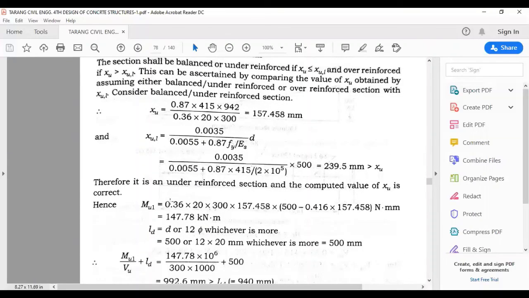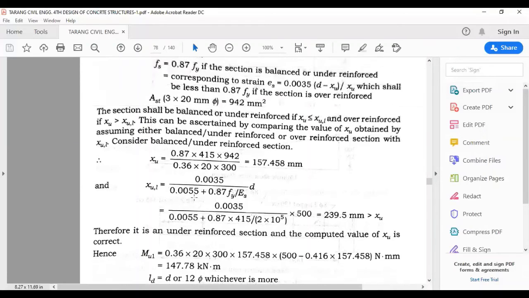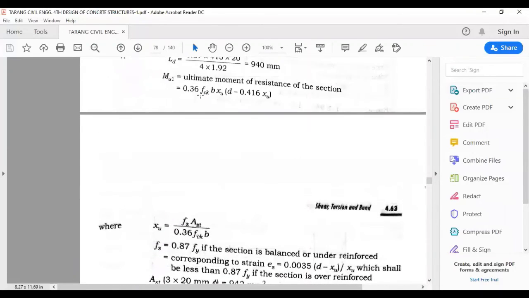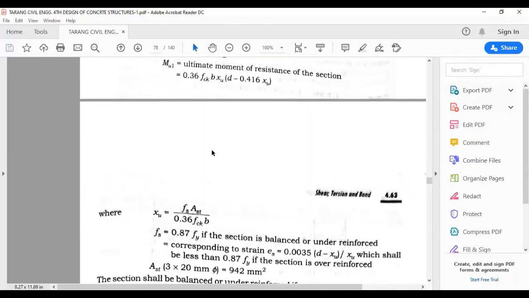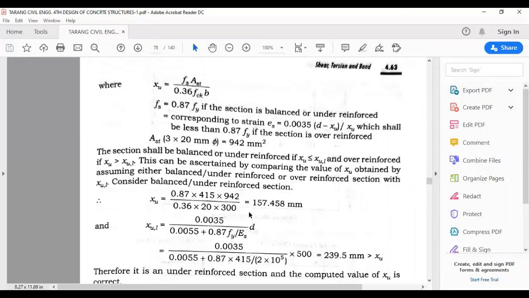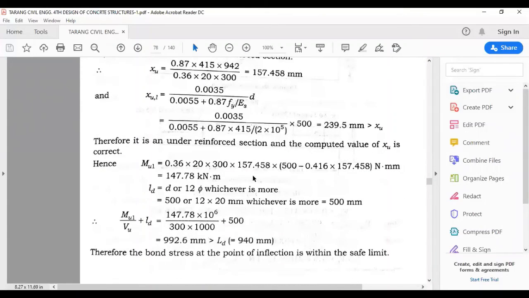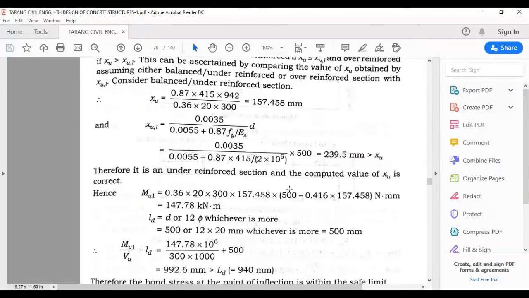Substituting all the values, 0.36, FCK 20, B 300, XU value we have just found out, which is 157.458, multiplied by D minus 0.416 XU again. Substituting all the values, D is 500 and XU is again 157.458. MUL comes out to be 147.78 kilonewton meter.